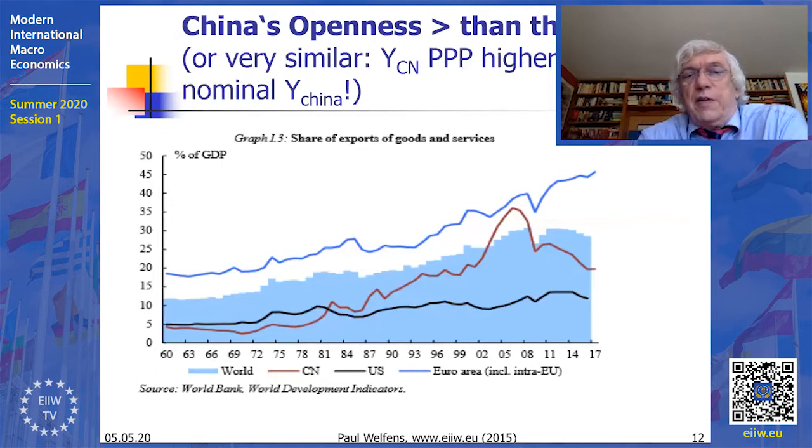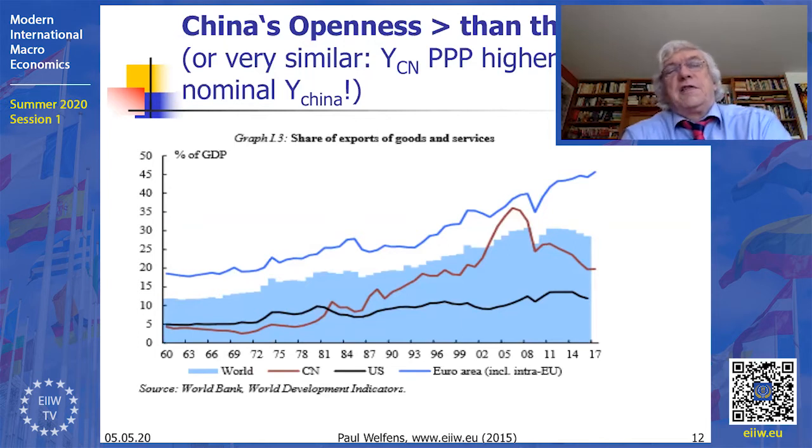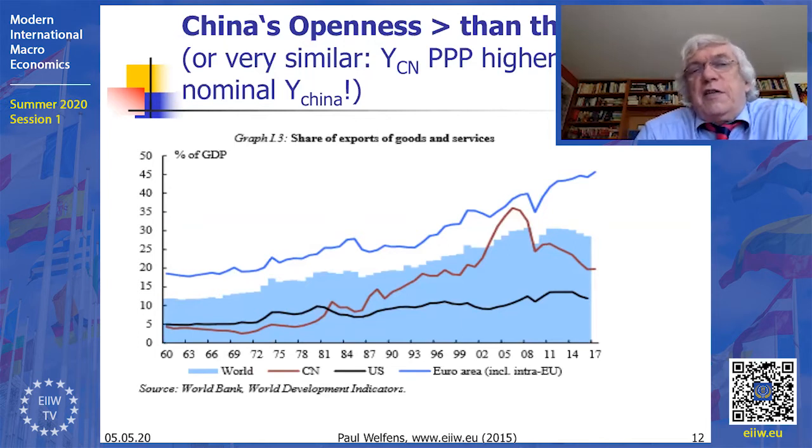And what you can see here is the share of exports of goods and services as a percentage of GDP. And we have in black the US, we have China in red. And as you can see, so China opened up in 1978, and then it started really to strongly increase this openness, measured here as export of goods and services as a percentage of GDP.